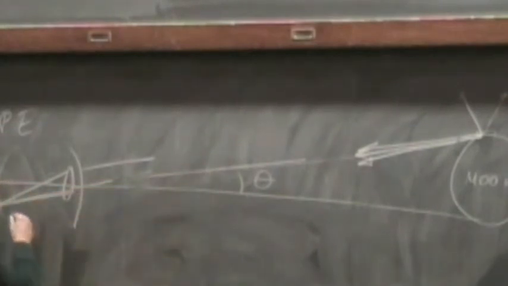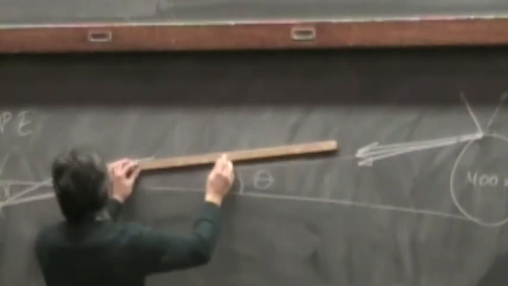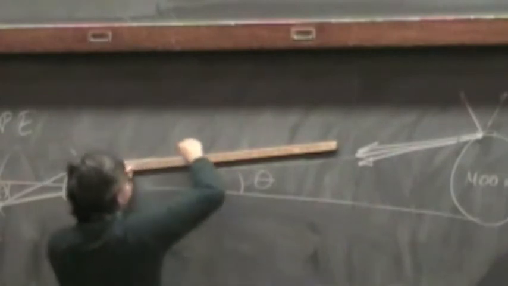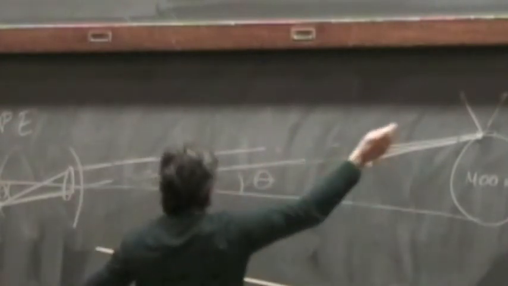We used this property before, that the image of an object and the object itself are located along the line defined by the light ray that goes through the center of the lens. So this angle over here is the same as this angle over here. The light ray is going all the way there.